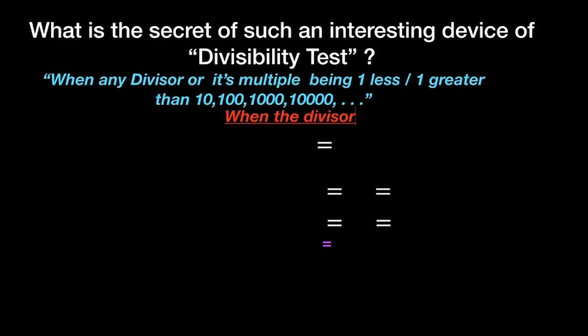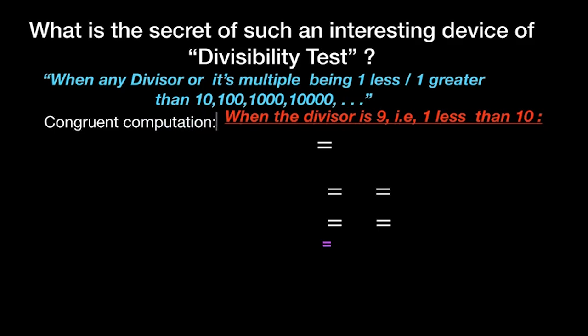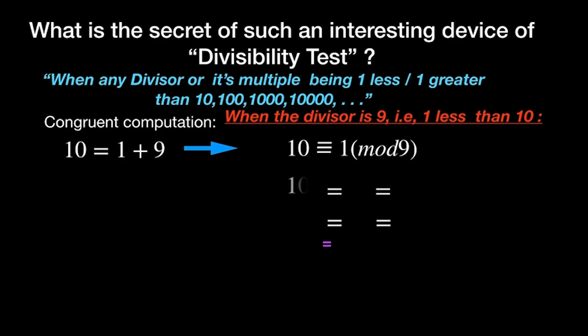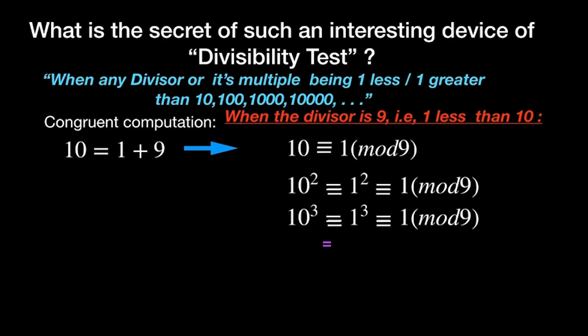Suppose the divisor is 9, 1 less than 10. Then in congruence arithmetic, we can write like this: 10 equals 1 plus 9, and 10 is congruent to 1 modulo 9, and 10 square is congruent to 1 square, that is 1, and 10 cube gives 1 cube, that is 1.